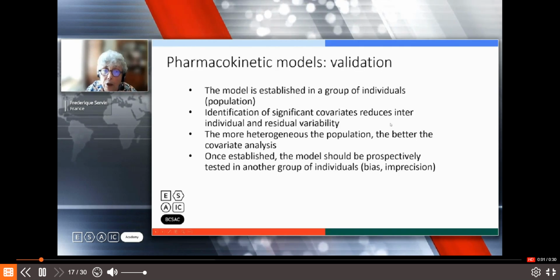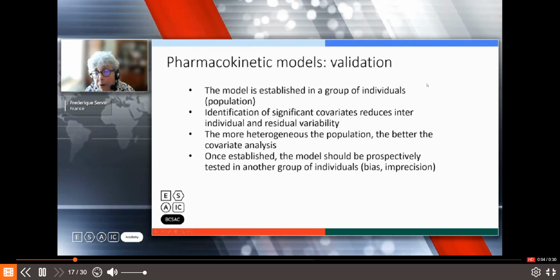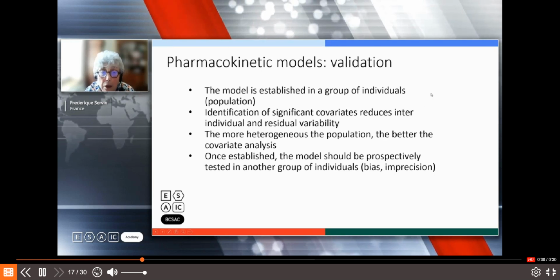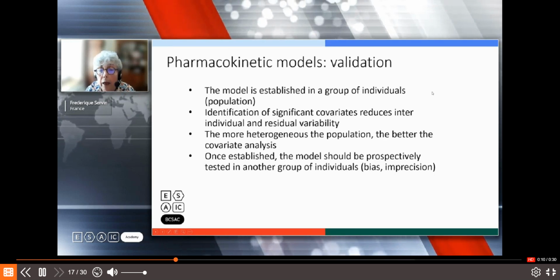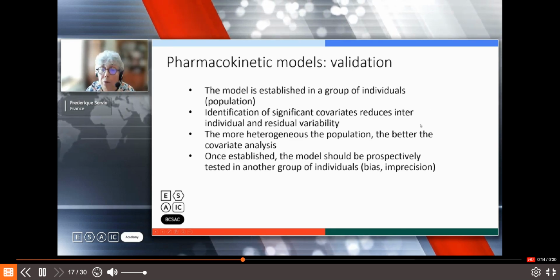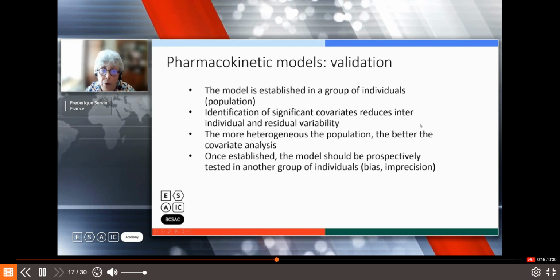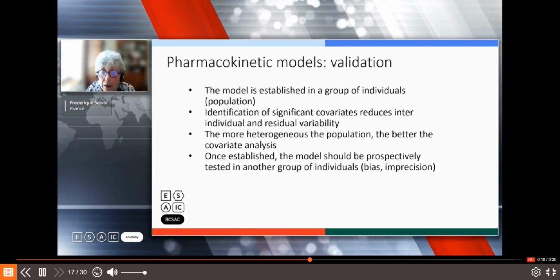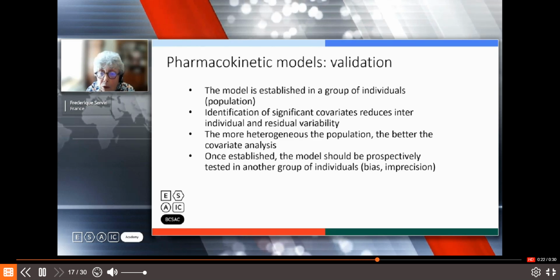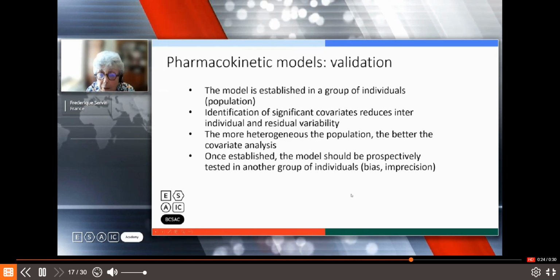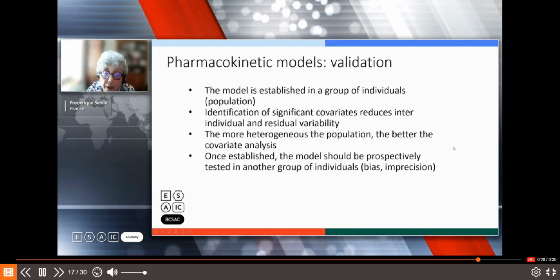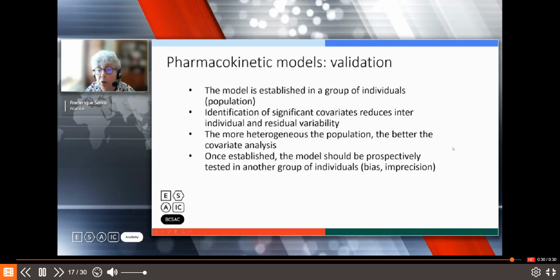The validation of a pharmacokinetic model is very important. You will establish the model in your population, and then, of course, it will be okay for those individuals. But you will then have to confront it with real life. And once established, you have to prospectively test your model in another group of individuals.